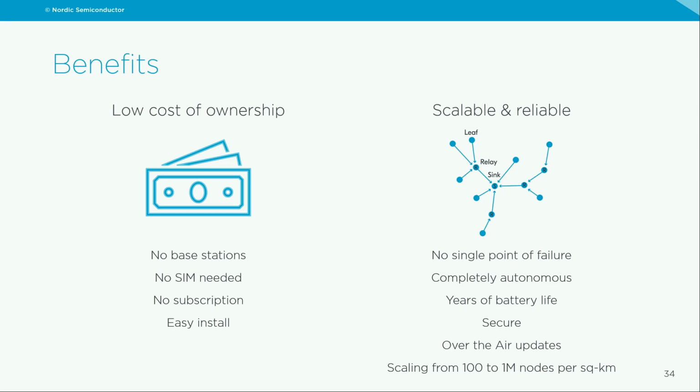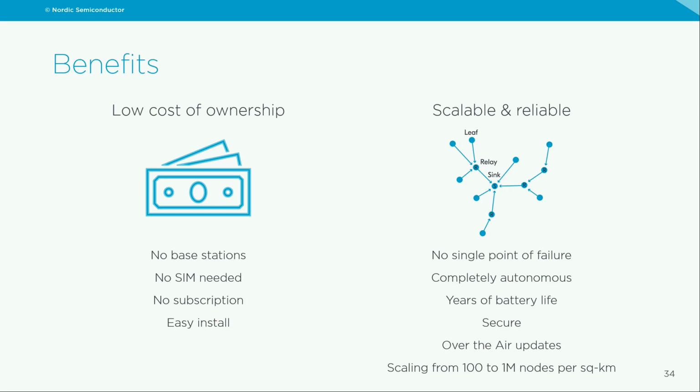Another big benefit is the scalability and reliability built into the technology itself. Like we have stated several times here, you don't have a single point of failure. It's completely autonomous, and you can expect years of battery life. And of course, the battery life is dependent on the battery you're using, but also how your application is working.